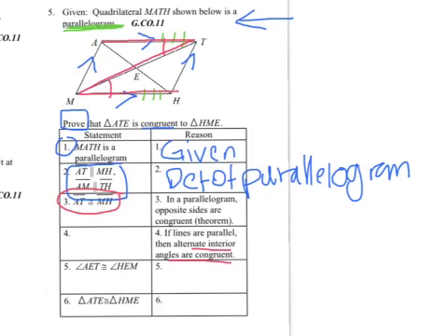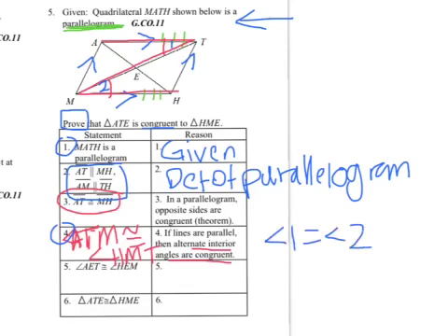So I'm going to say angle ATM is congruent to angle HMT. And you are allowed, if you want to put numbers. So if you would have wanted to put a 1 there and a 2 there, then right here you would have just said that angle 1 was equal to angle 2. Sometimes that's a little easier.